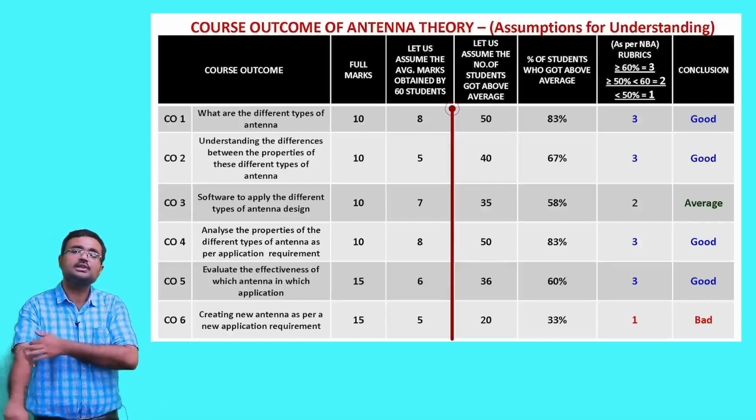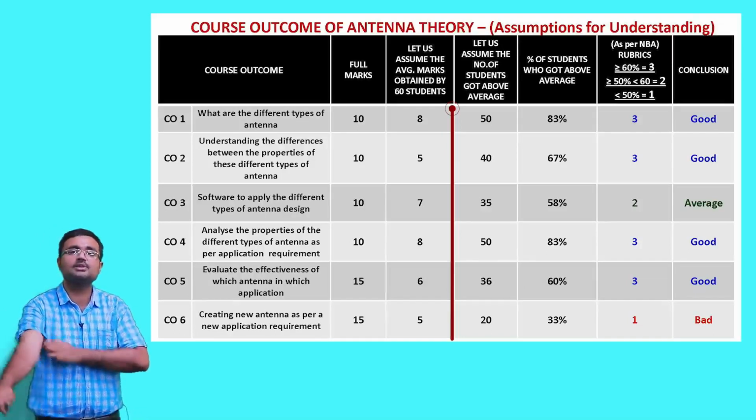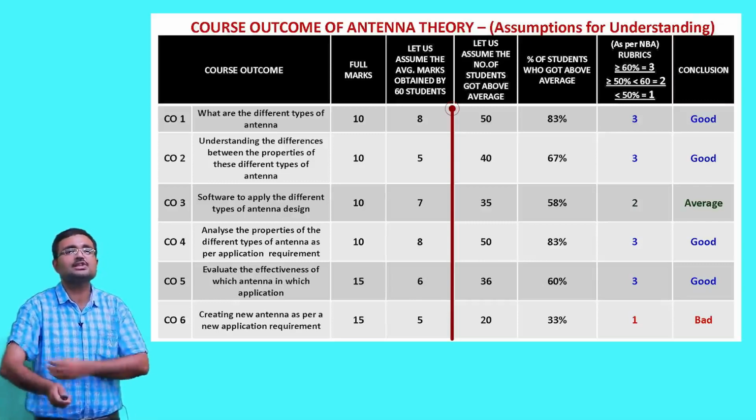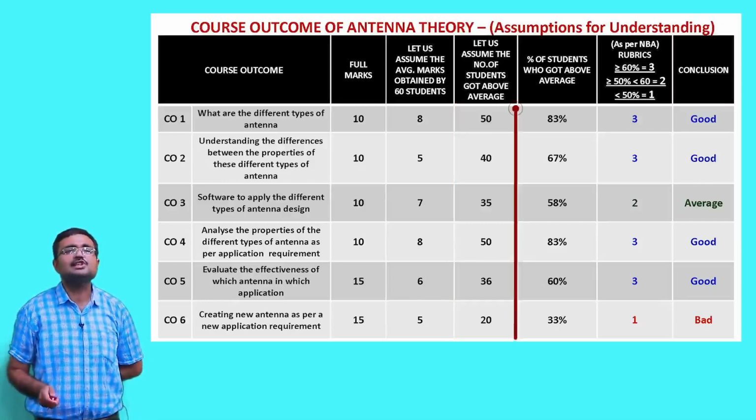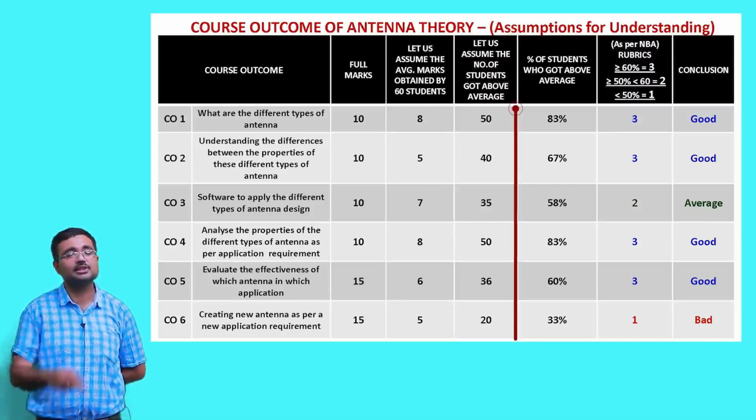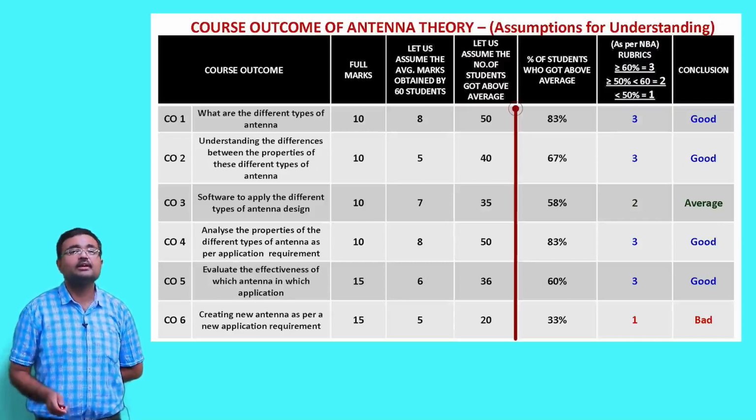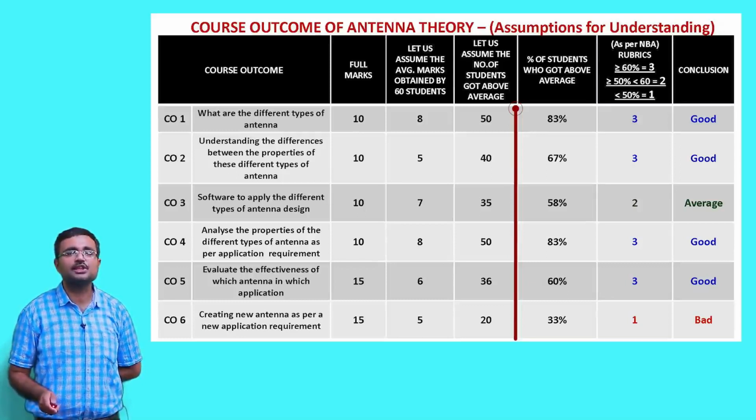Now, to see whether a particular CO has been attained or not, let us check this. Out of these 60 students, say 50 students got above average marks, say above 8. This is again an example, this can vary. 40 students out of 60 have got above average, that is above 5. 35 students out of 60 have got above 7, that is above the average marks. 50 students out of 60 have got above 8 in CO4.